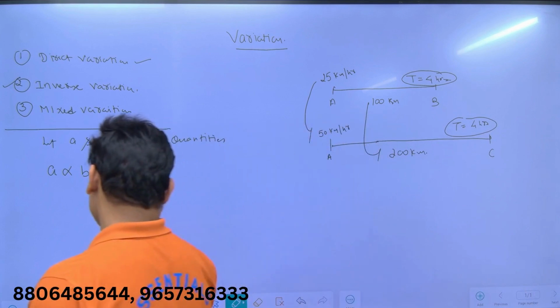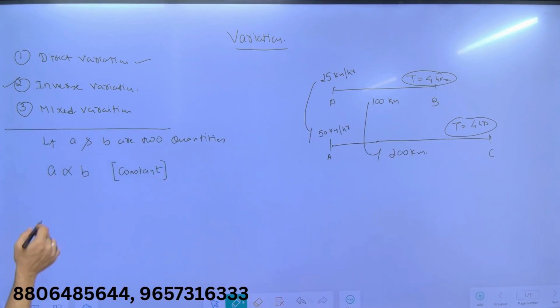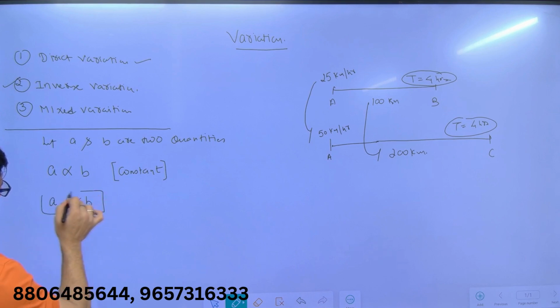You get introduced to this constant when you remove the sign of proportionality, and this is how A and B will have a relation. If your constant is equal to A by B, that means they are directly proportional.